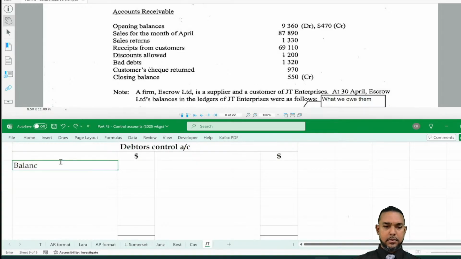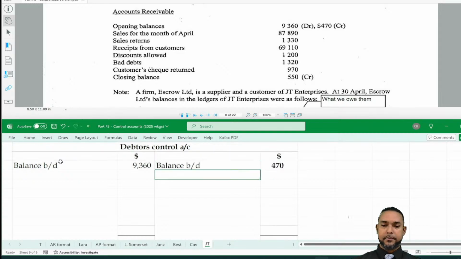So the balance here will be 93.60, and the credit balance here will be 470. Right. Sales for the month 7890. Sales returns.